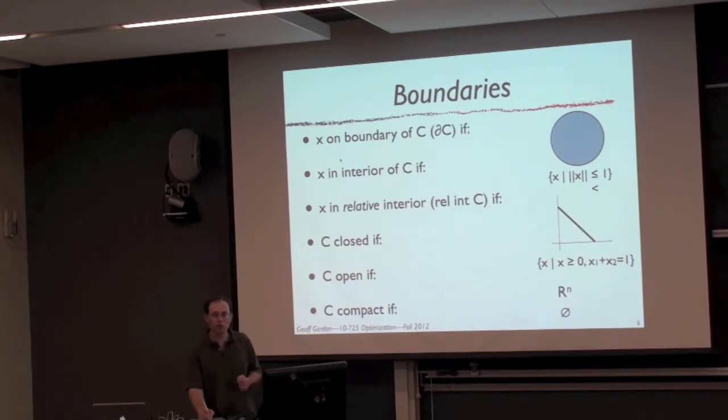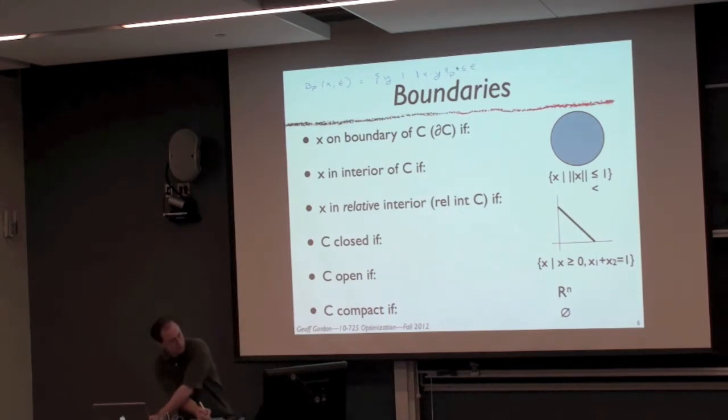that no matter how small a norm ball you take around x, part of that norm ball is in C and part of it is outside, right? So I'll just write Bp of x comma epsilon. That's the set of y such that the p norm of x minus y is less than or equal to epsilon, right?